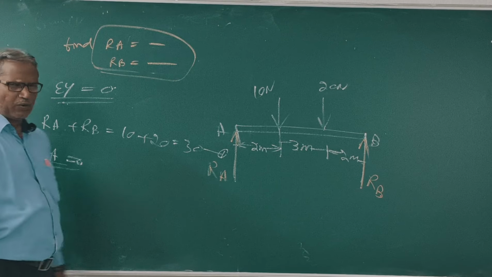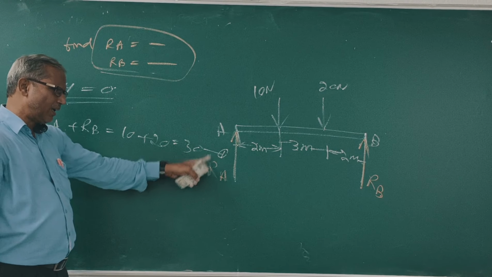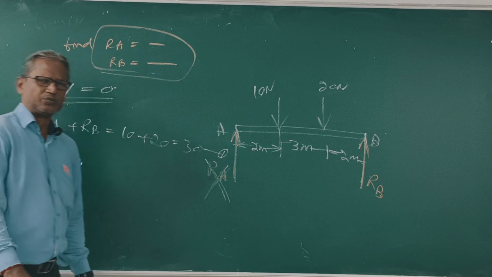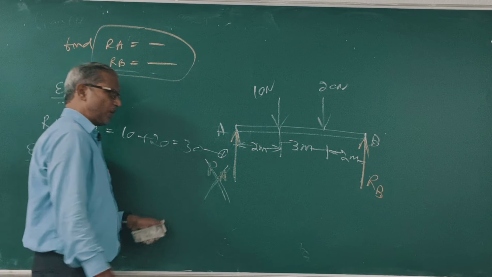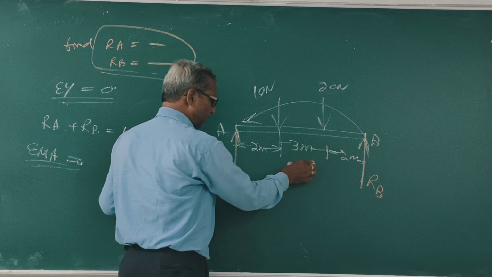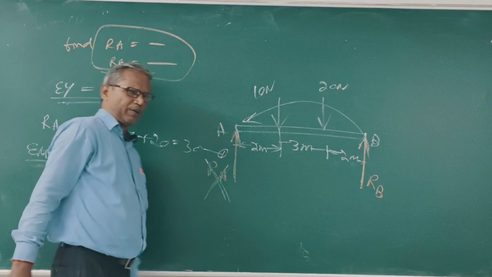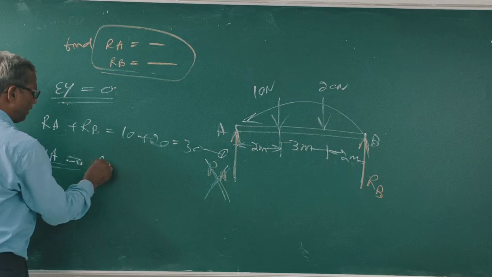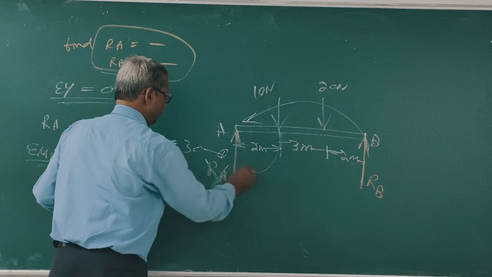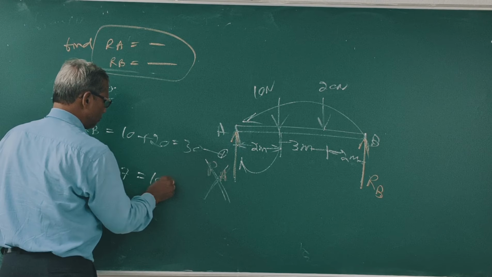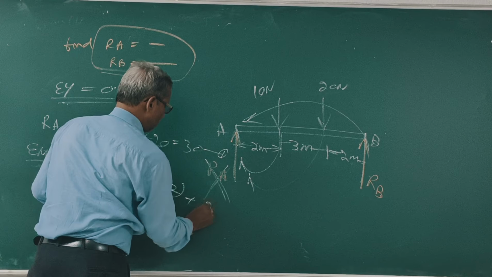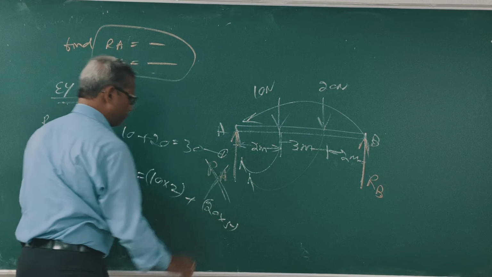About A we will take moment. About A, RA passes through point A, so its moment is 0. RB into what? 2 plus 3 plus 2, that is 7. RB into 7 is equal to 10 into 2 plus 20 into 5.